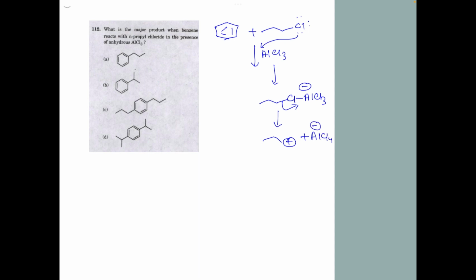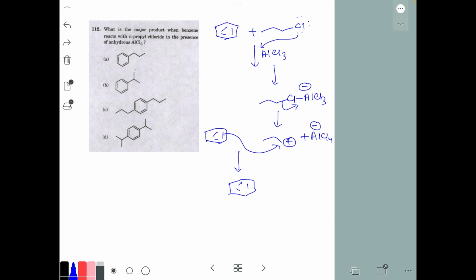This carbocation will react with the benzene here, and we will have the corresponding product. Then this hydrogen will be removed from this molecule to regain the aromaticity of this benzene ring, and we will have this molecule.